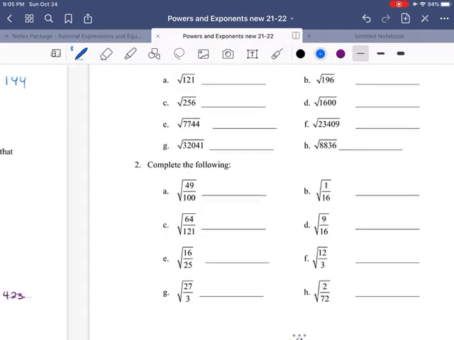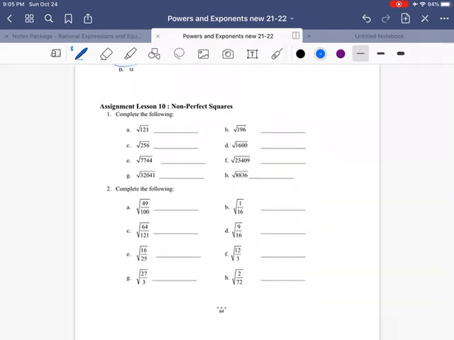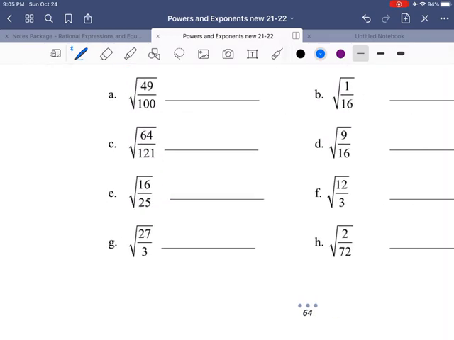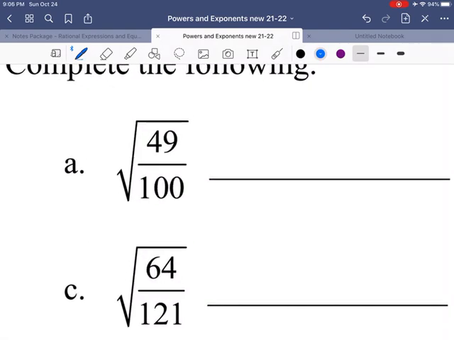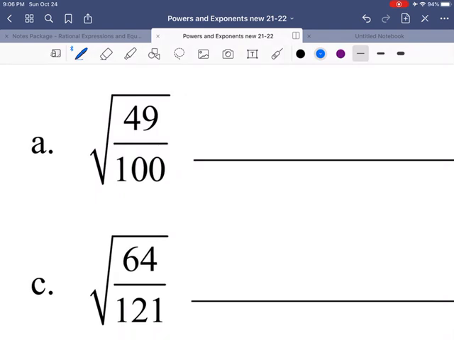And then we've got this assignment. Let me just talk about rooting fractions. Okay, these fractions. If you simplify the stuff first, you can kind of look and find the same sort of patterns in perfect squares and stuff like that that we've been seeing before.